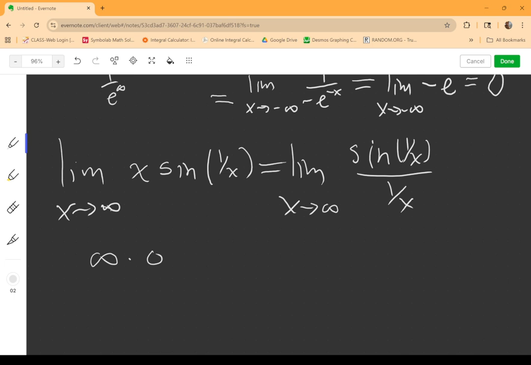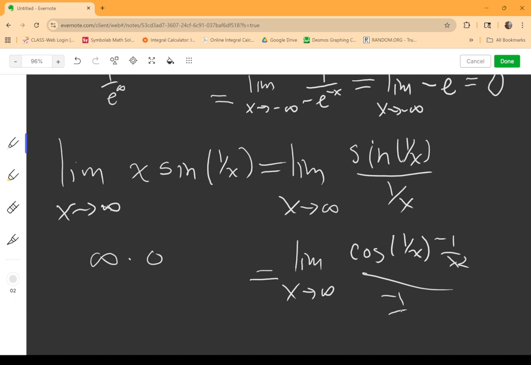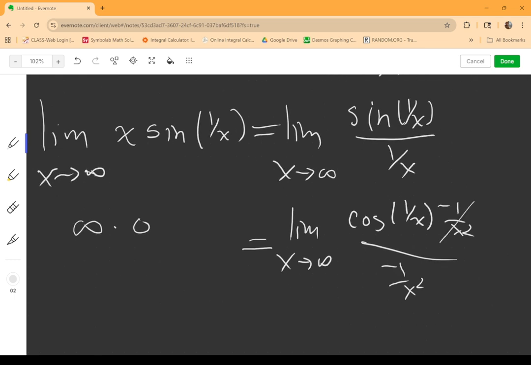Then I'll apply L'Hopital's rule. Here, as x goes to infinity, I get 0 over 0, which is indeterminate. So we take the limit as x goes to infinity of cosine of 1 over x, and don't forget the chain rule, so we get negative 1 over x squared, and then the derivative of 1 over x is negative 1 over x squared. Here we notice that this reduces, so we get the limit as x goes to infinity of cosine of 1 over x.